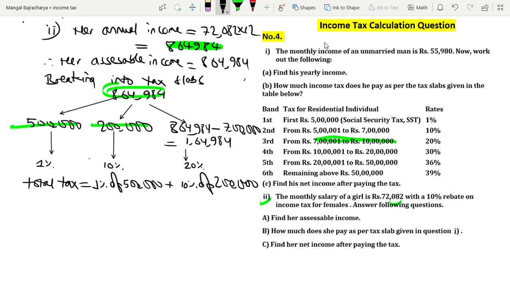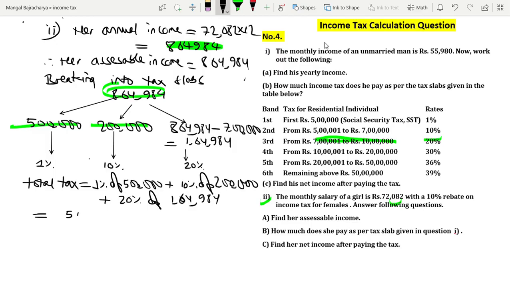So the remaining amount is 1,64,984. For that, it falls under the third band on which she has to pay tax 20%. So let's show that too. So that is 20% of the third slab of 1,64,984.